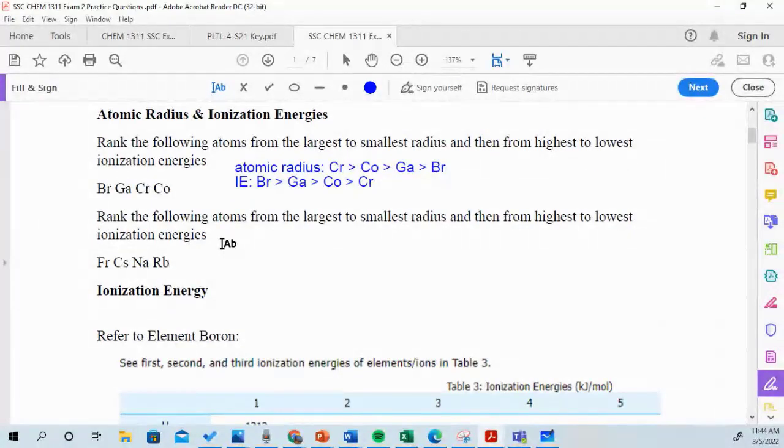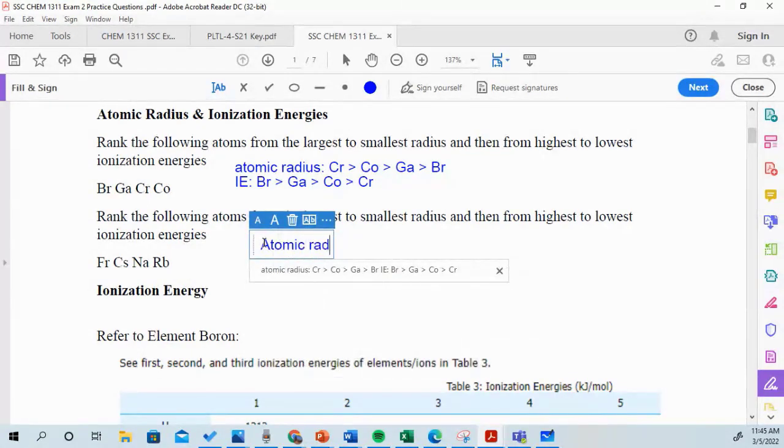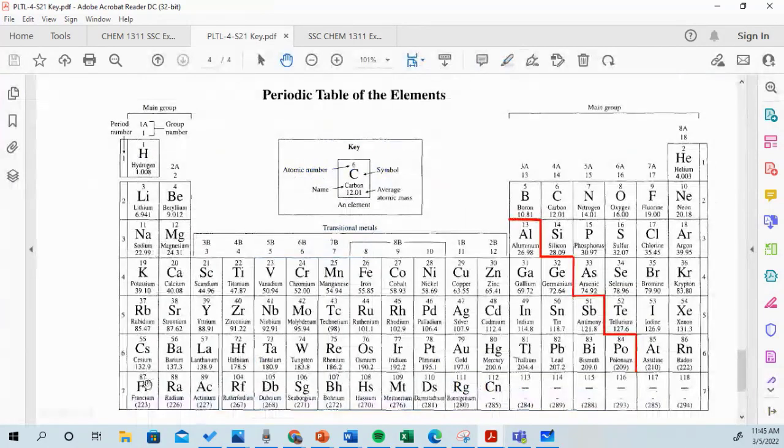Similar example, ranking these elements from largest to smallest radius and then highest to lowest ionization energy. So if we look at atomic radius, what is the largest in this set? Perfect, Fr. So we can look at the periodic table as well.